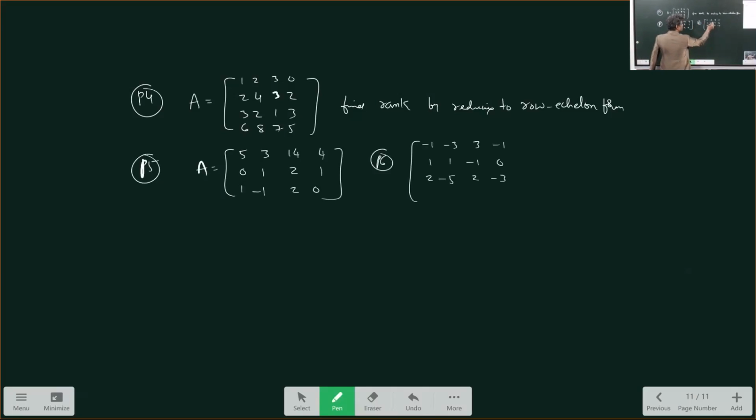If some sign is mistaken, you will get another problem, that is nothing wrong. Suppose instead of -3 you wrote +3, you will get some other problem, but the process is simple. So all these problems come under find the rank by row echelon form.